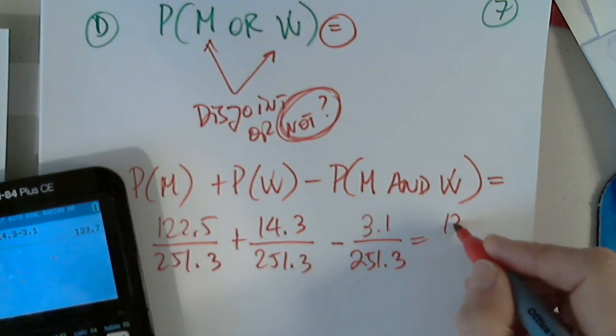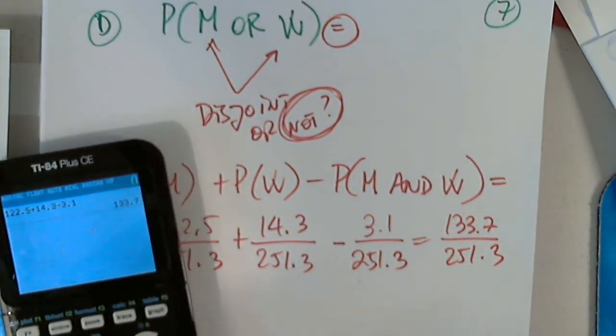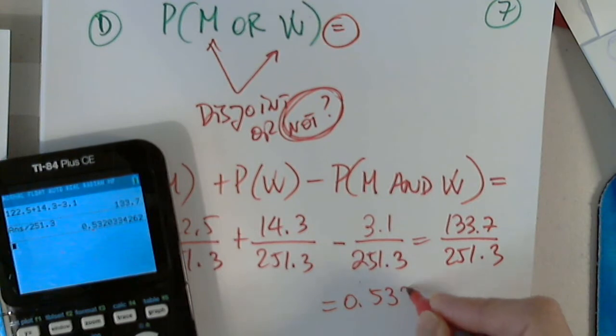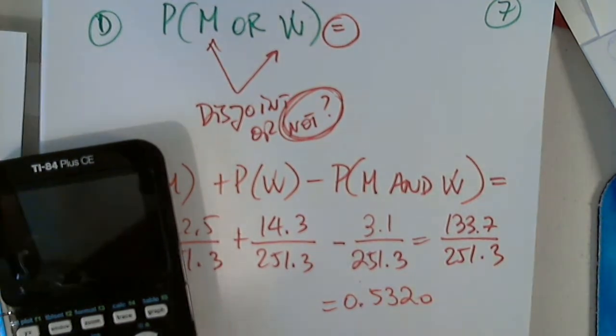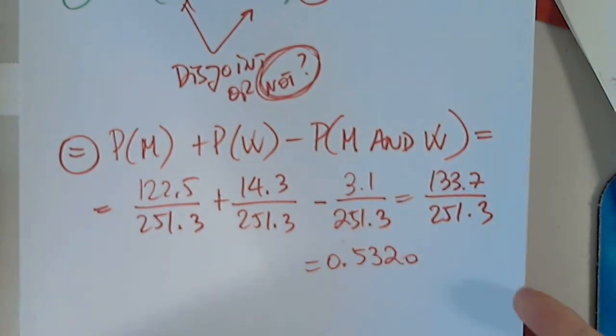And final answer, 133.7 over 251.3. And I divide by 251.3, and I get 0.5320. Any questions? Any questions?